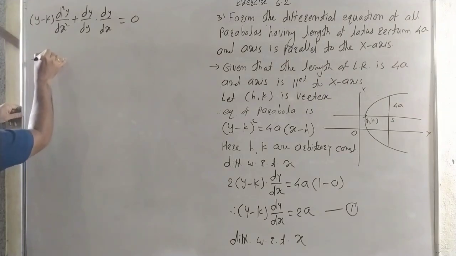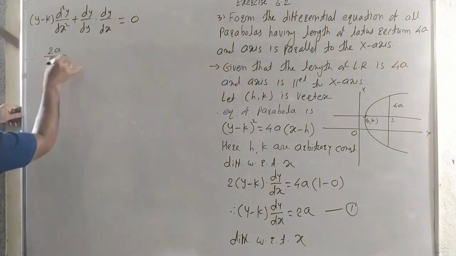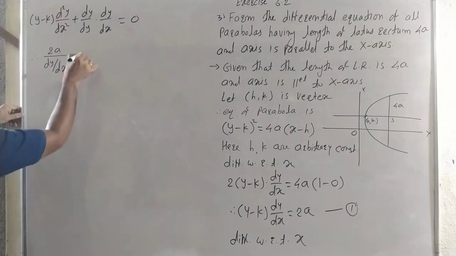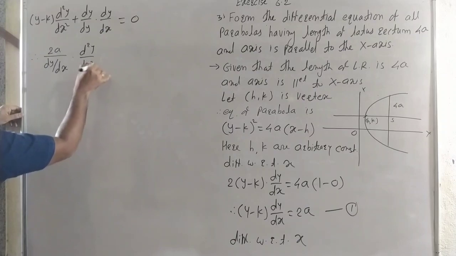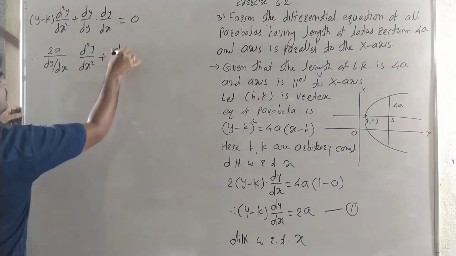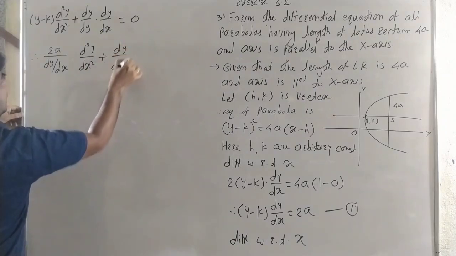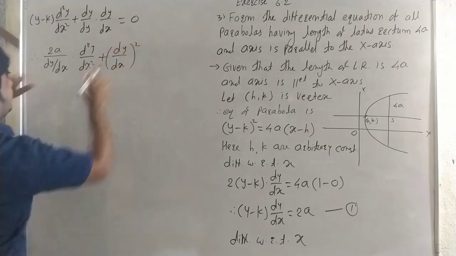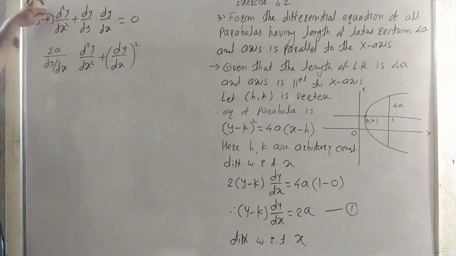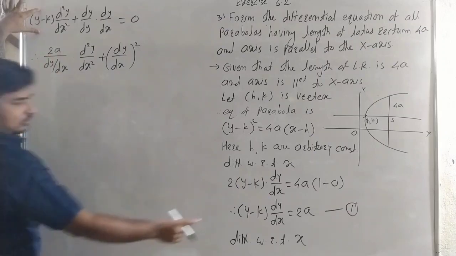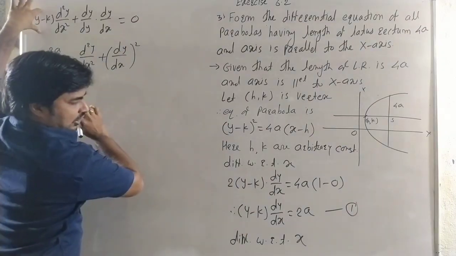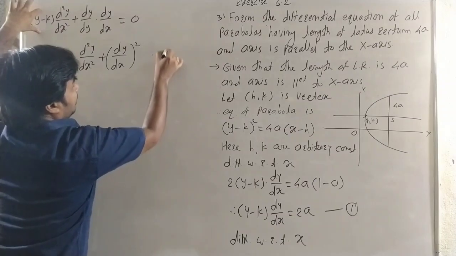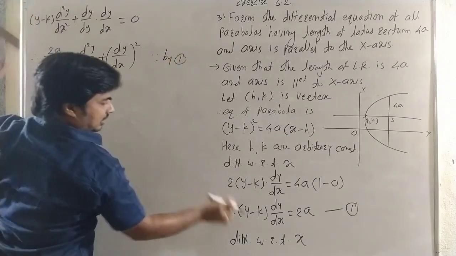Therefore y minus k, it is 2a upon dy by dx, into d2y by dx2 plus dy by dx whole square, it is d2y by dx2, and this y minus k is 2a upon dy by dx.